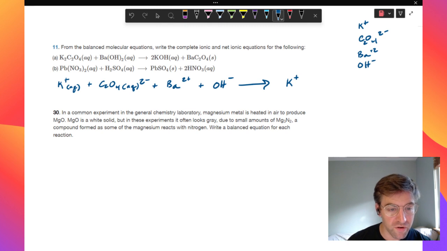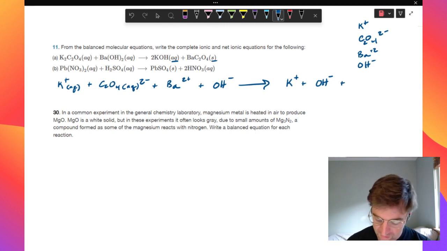And we're sort of repeating ourselves on the right side. So it's important to pay attention to your states here because those that are in aqueous solution still exist in their ionized forms. So potassium and hydroxide.